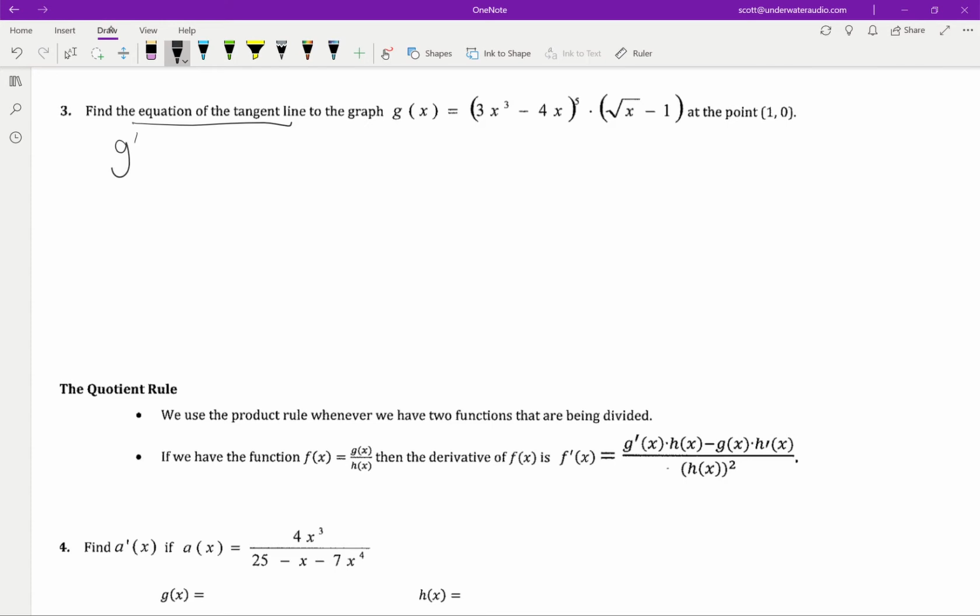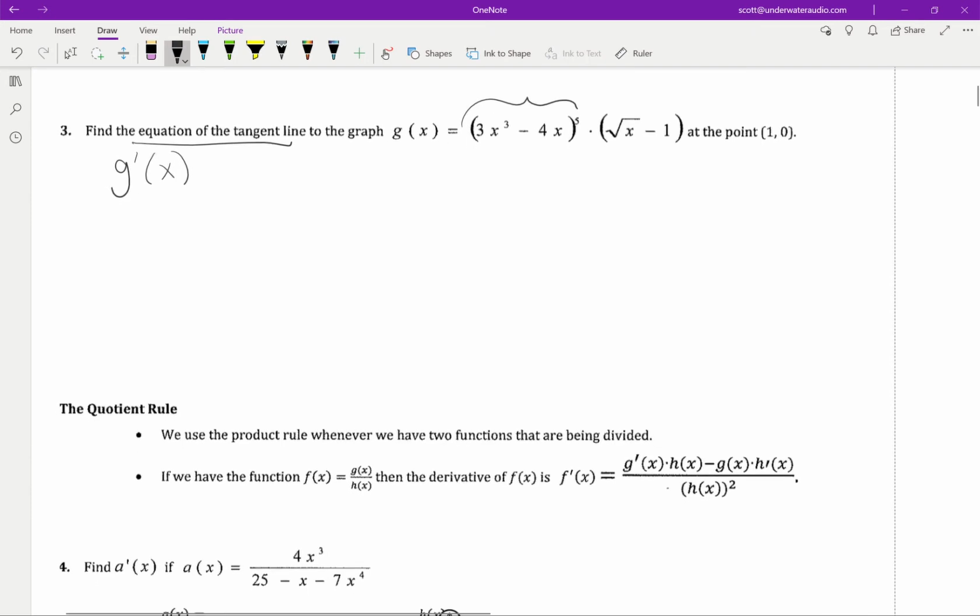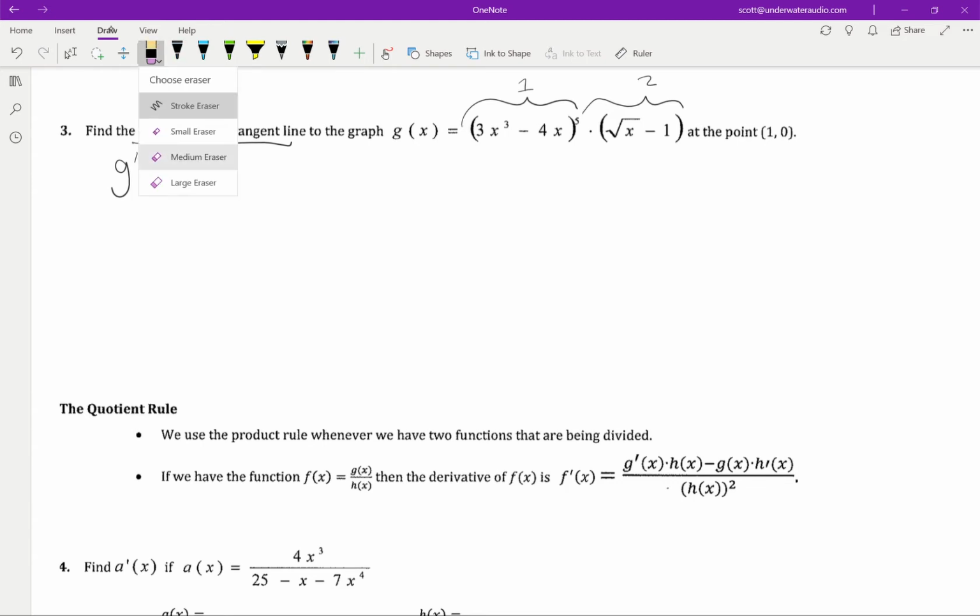G prime of x. So we have a first, and so that's like my 1. This is my equation 2. So to do the product rule, and earlier I was talking about how you don't have to get it in exactly the same order as everybody else.